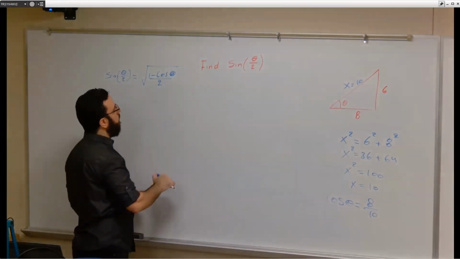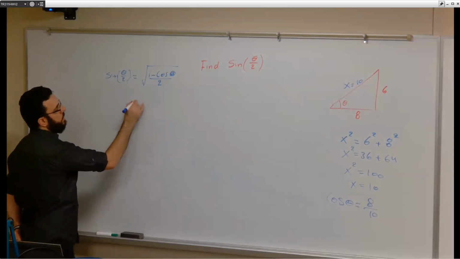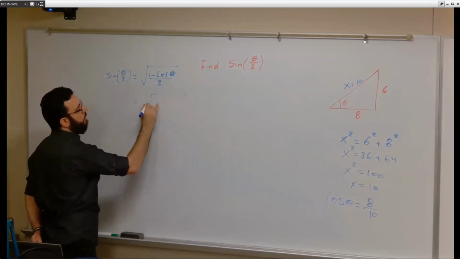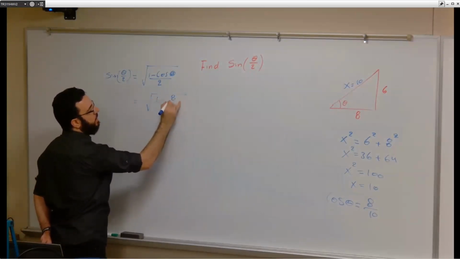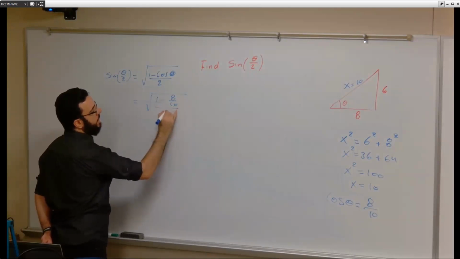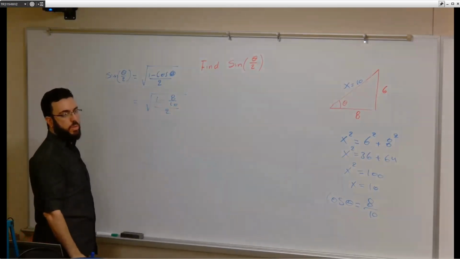So I'm going to go back to the formula. It's going to be equal to the square root of 1 minus 8 divided by 10, and everything divided by 2.